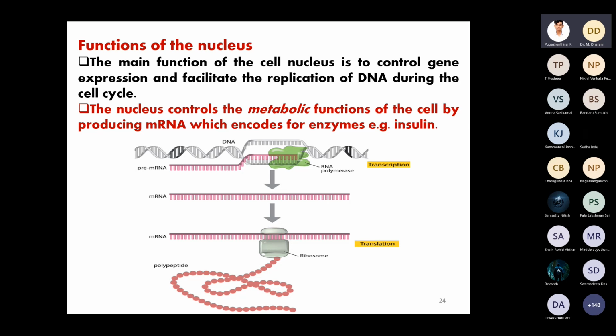This is a nitrogenous base. See, it's like this, right? It may be A, it may be T, it may be G. I think in RNA one of the nitrogenous bases is different, something like C. Like this it is there.